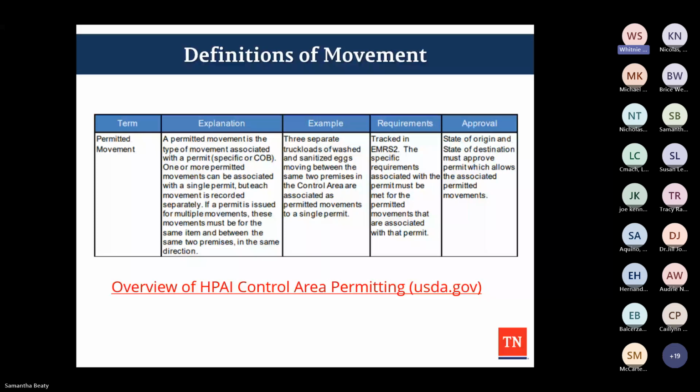So there is always a chance that you may want to move something out of a control zone into another state, and that state veterinarian may say no. There needs to be some discussion beforehand on movements, because we don't want a permit request to come in just the day before or within 24 hours and then find out that they can't actually move, and we have to scramble and find something. So a lot of good communication between both states if things are moving between different states. Next slide.